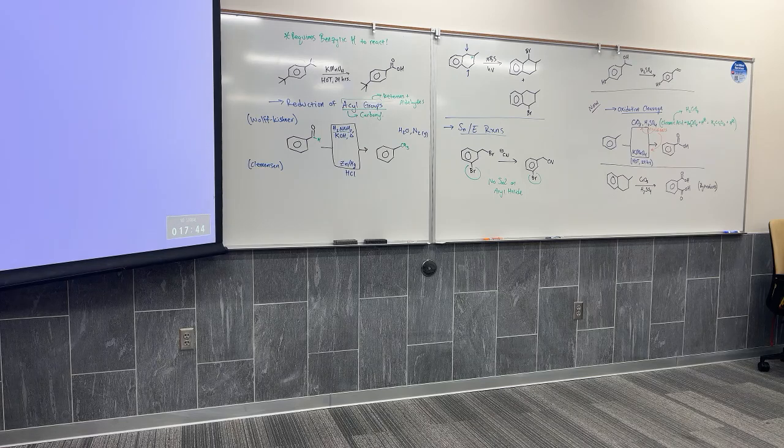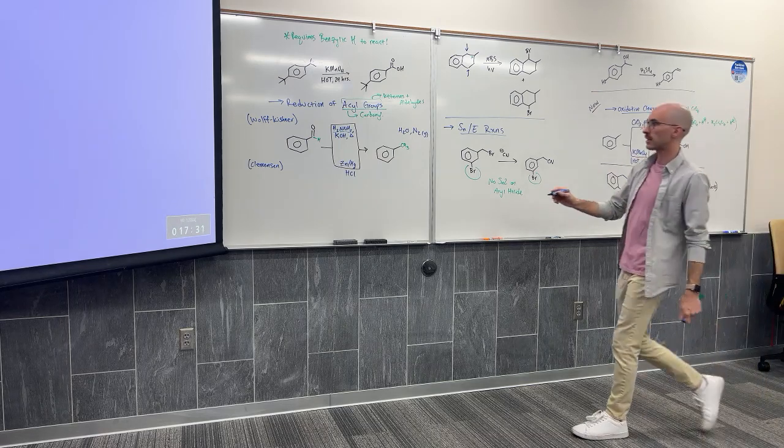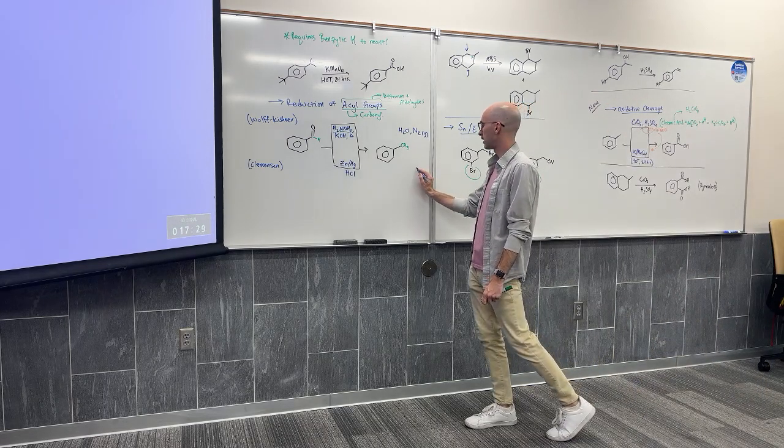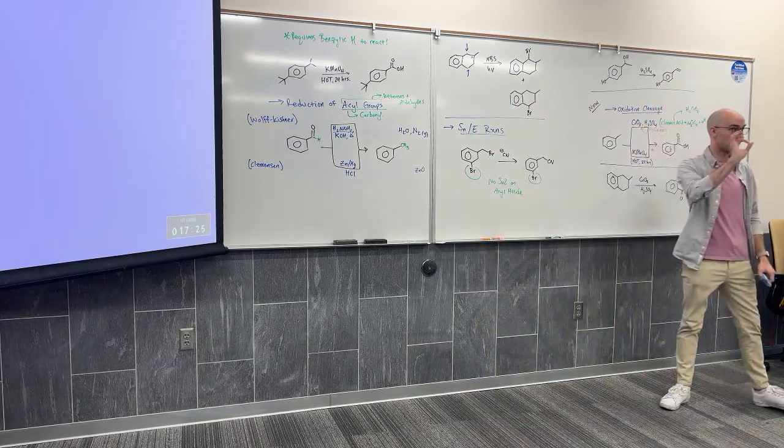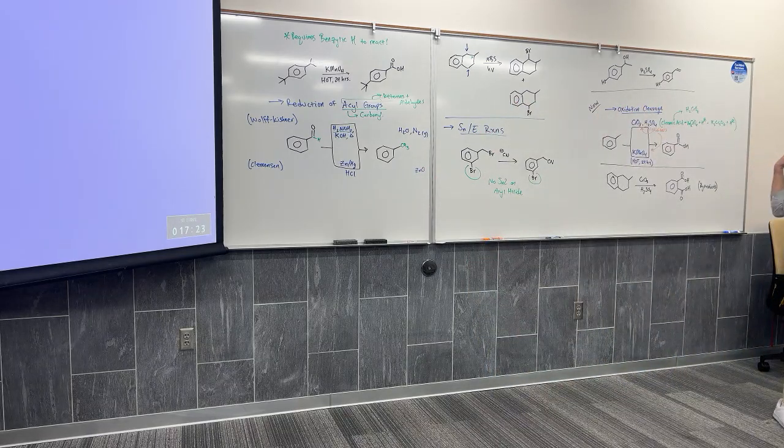One thing that we know about zinc is that it oxidizes very easily. It gives away its electrons, it's a good reducing agent, and it bonds to oxygen, which means one of the byproducts here is actually zinc oxide. So the oxygen from the aldehyde or ketone is pulled away with the zinc.